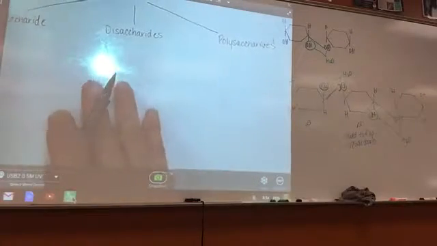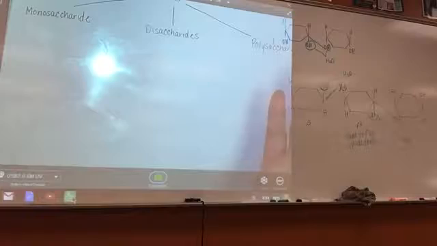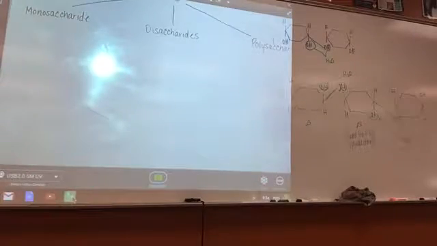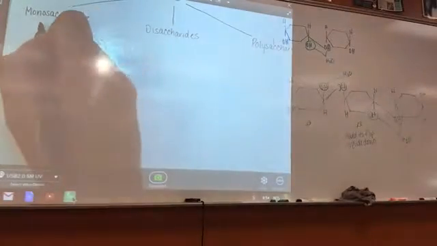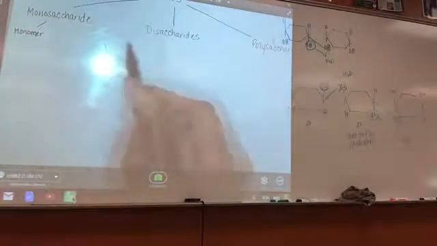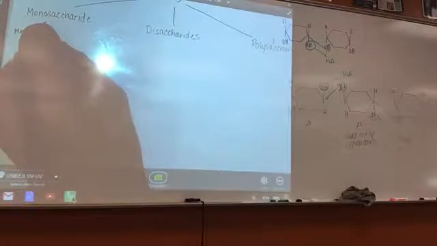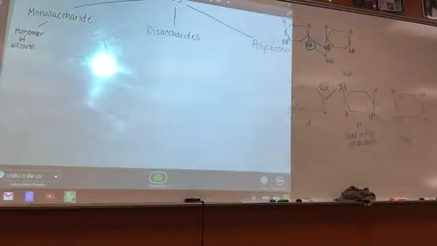So monosaccharides, hopefully we know what that means. Mono, one; saccharide, sugar. So we have one sugar here. This is the monomer of all other carbohydrates, right? So the monomer of all carbs is a monosaccharide.